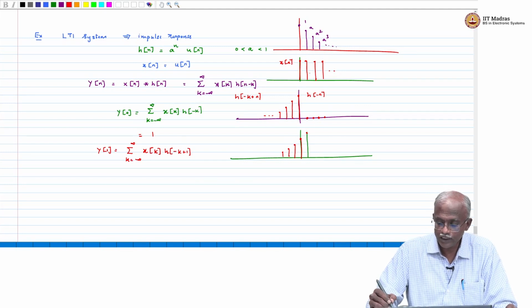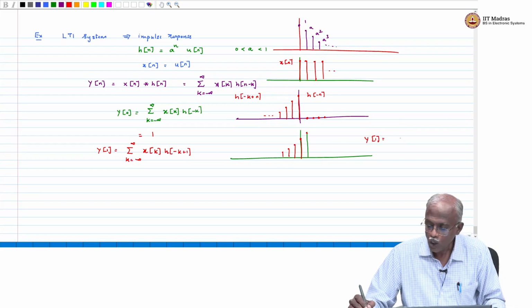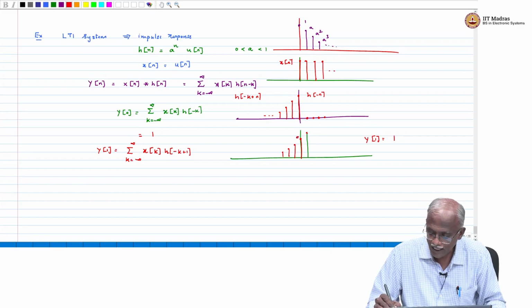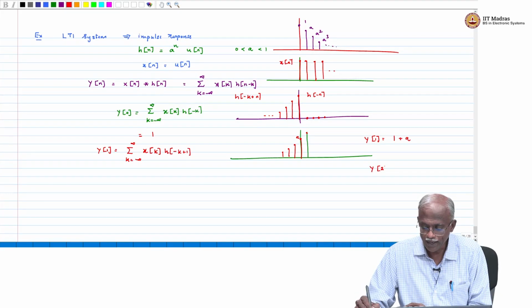Now these two have to multiply. So y of 1 will be equal to, the first sample is 1, and there is a 1 here, so it is equal to 1. This sample is a, so you get 1 plus a. Shifted by one more unit of time, you will get y of 2 to be equal to 1 plus a plus a squared.